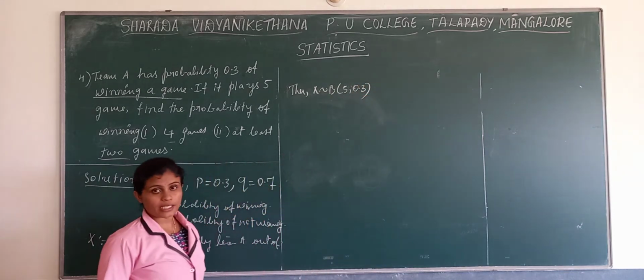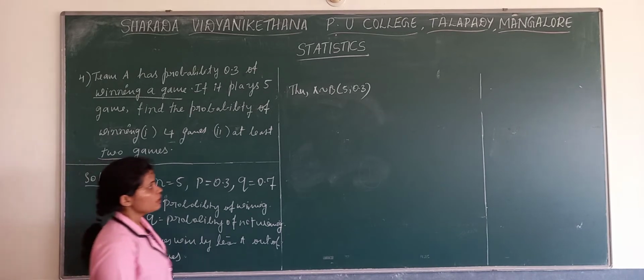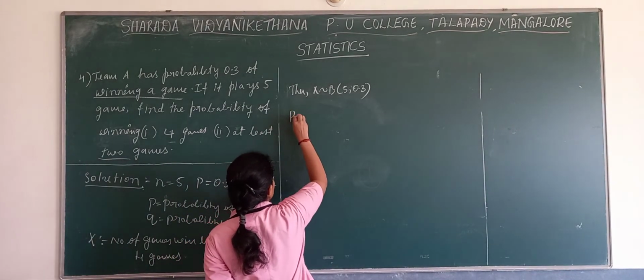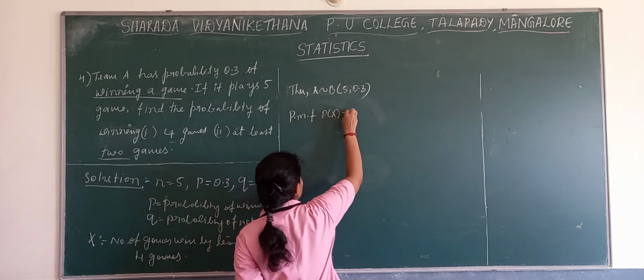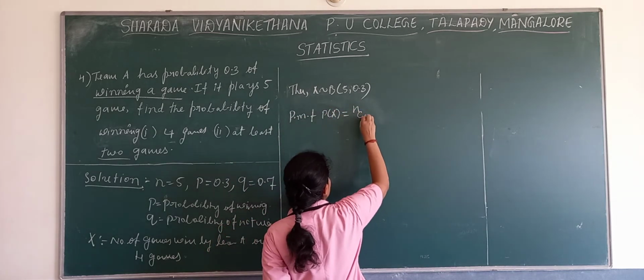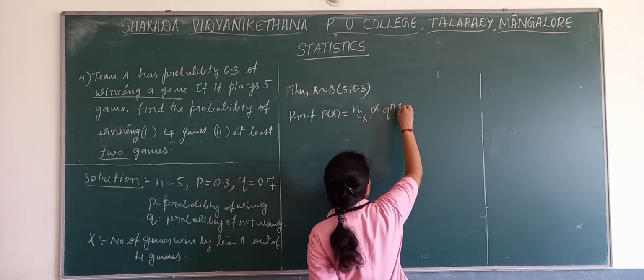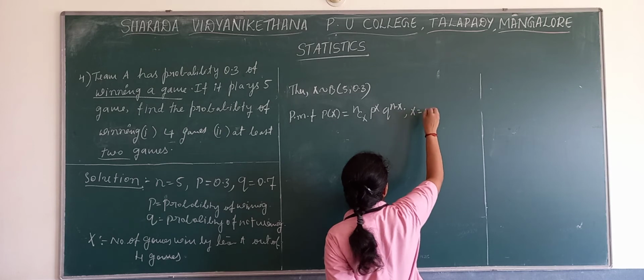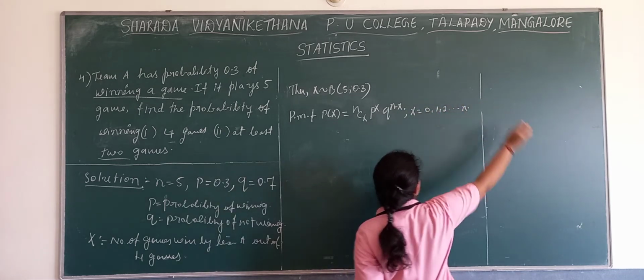Always it should contain 2 parameters, that is N and P. Now the probability mass function: P of X is equal to NCX P to the power X, Q to the power N minus X, where X is equal to 0, 1, 2 till N.